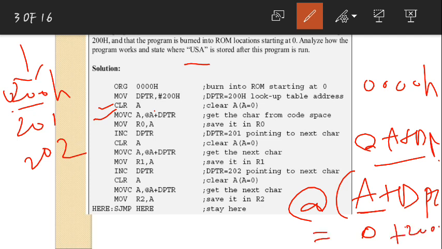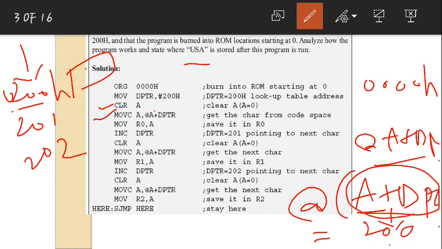So 0 plus 200, the complete solution will be equal to 200. That means inside this, it is pointing towards 200. Inside 200 I already have U. So that U will be moved to this A, the destination of MOVC A. The ASCII character will be stored in the A register after execution of this instruction.